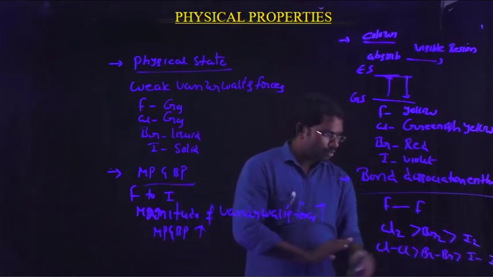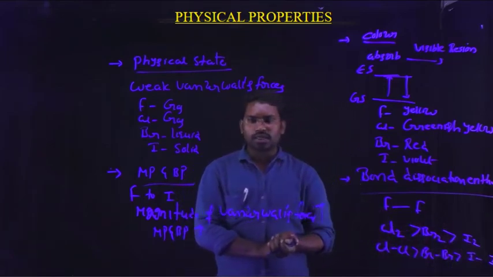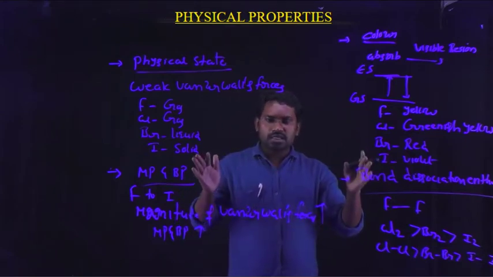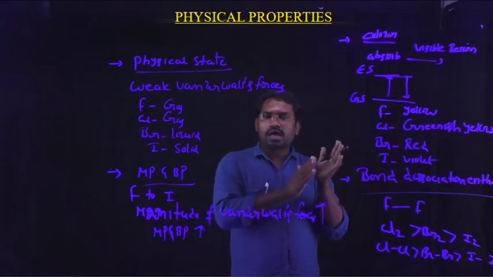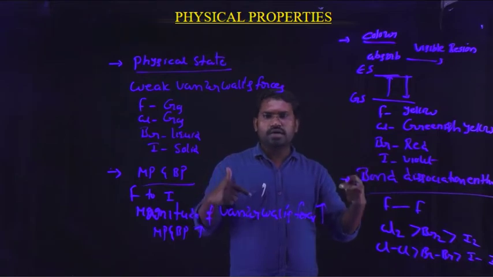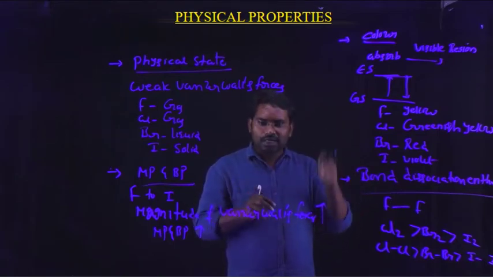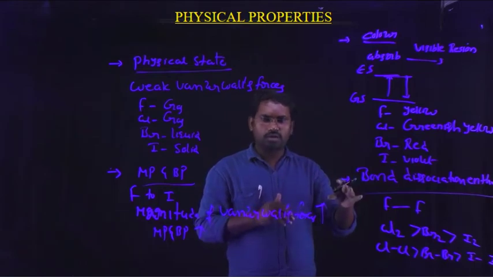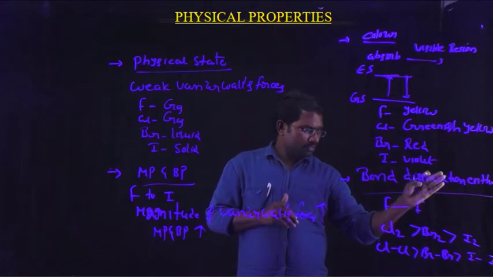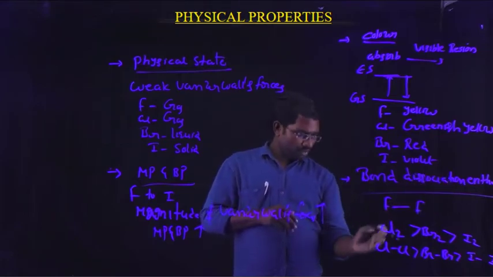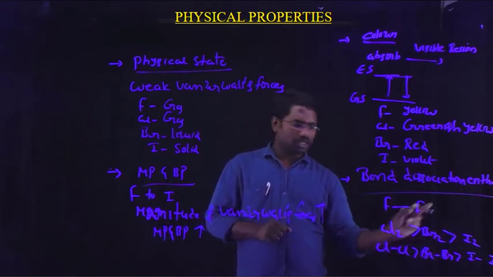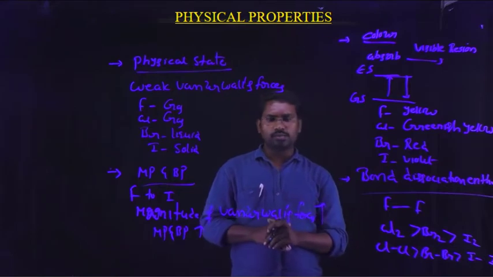From chlorine to iodine, the atomic number increases, and automatically the atomic size also increases. When the atomic size increases, the interaction between the nucleus and the valence shell electrons is very less, therefore the bond is weaker. That's why we need very little energy to break that bond. Therefore from chlorine to iodine, the bond dissociation enthalpy decreases.